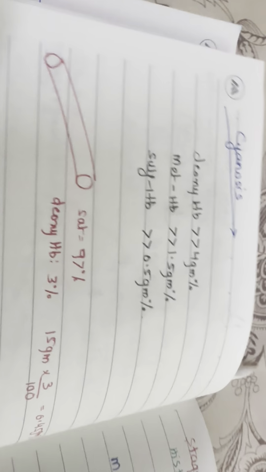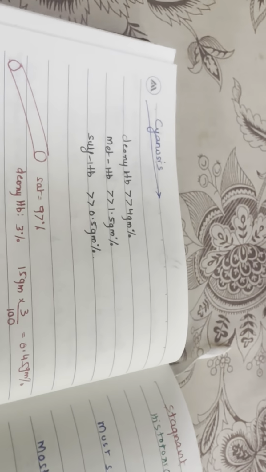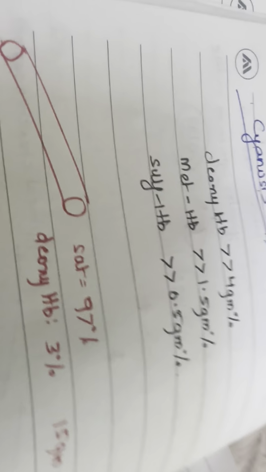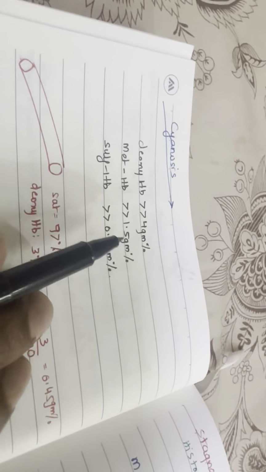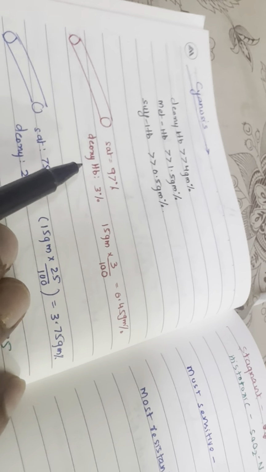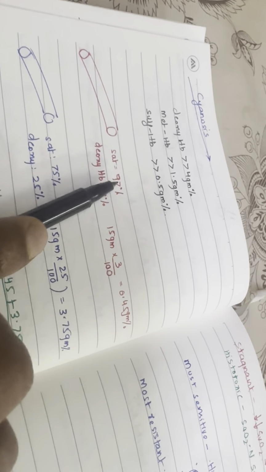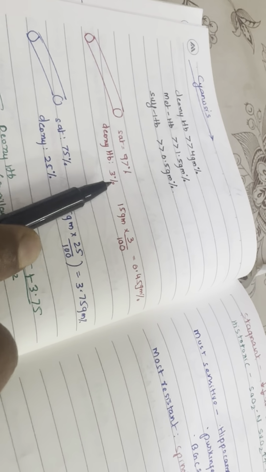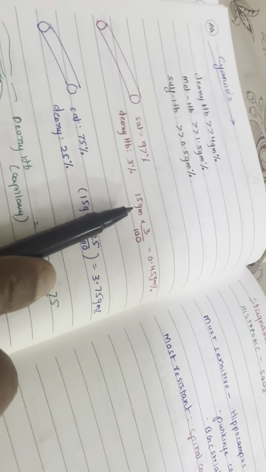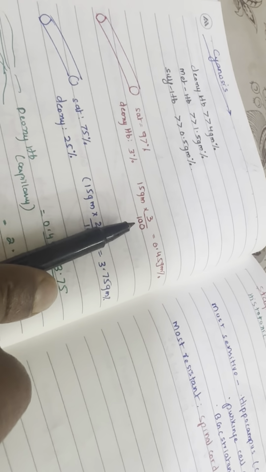Cyanosis is due to deoxyhemoglobin increasing to more than 4 gram percentage, methemoglobin more than 1.5 gram percentage, sulfhemoglobin more than 0.5 gram percentage. The saturation is 97, deoxyhemoglobin is 3 percent. When we calculate this, 15 gram is the normal hemoglobin into 3 by 100, that is 0.45.